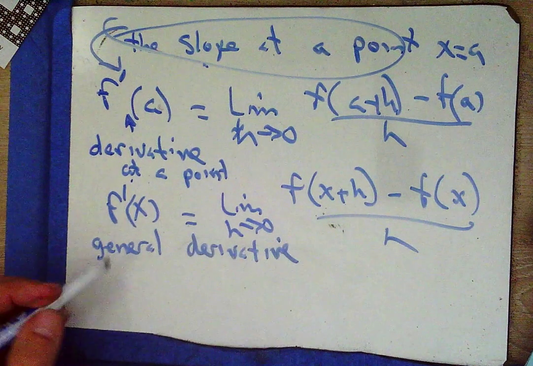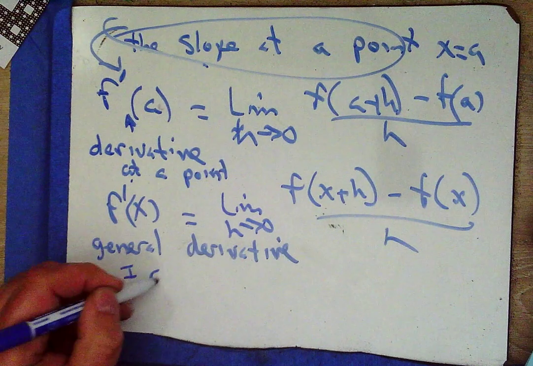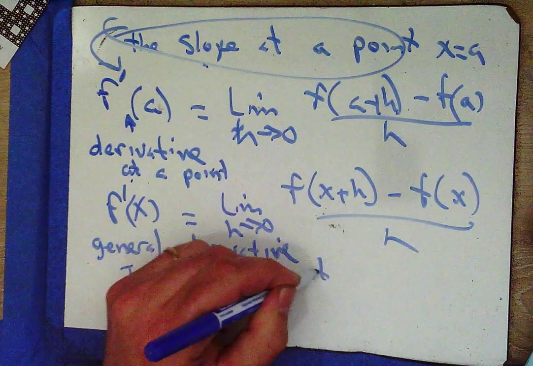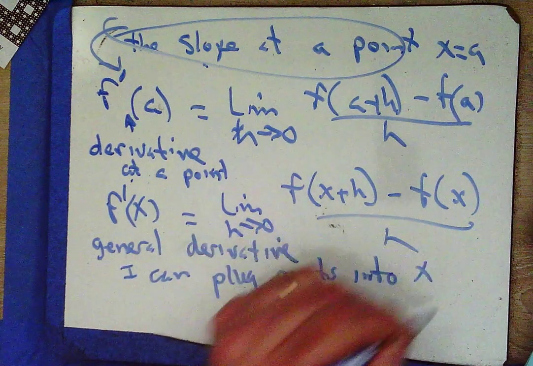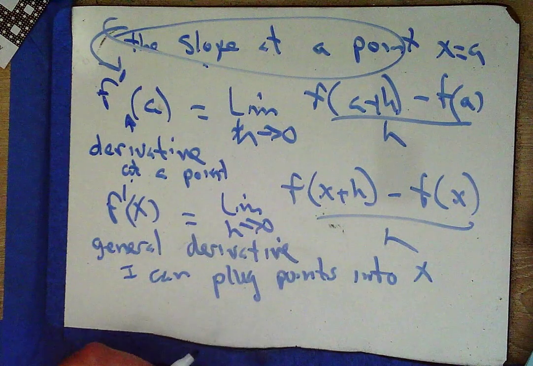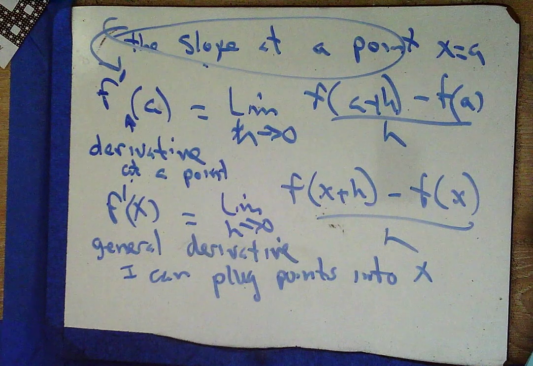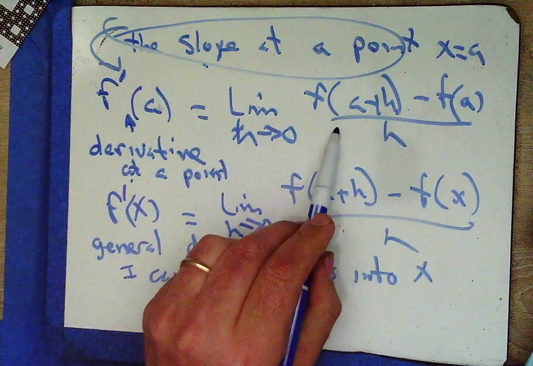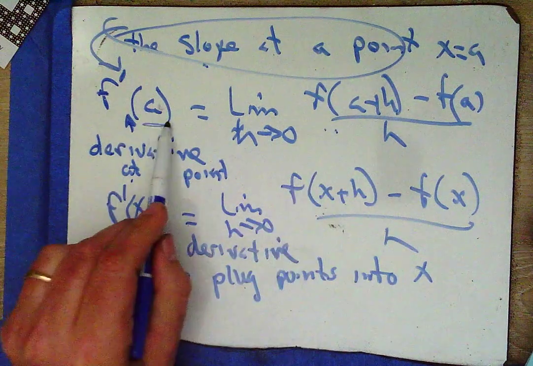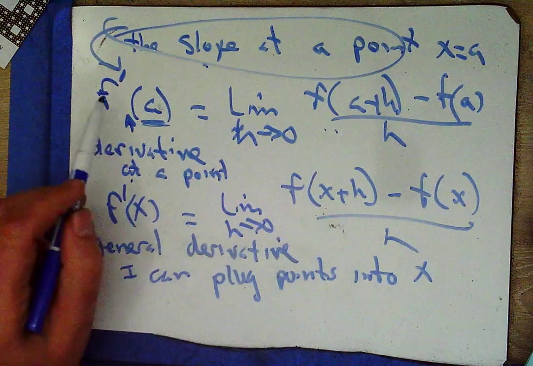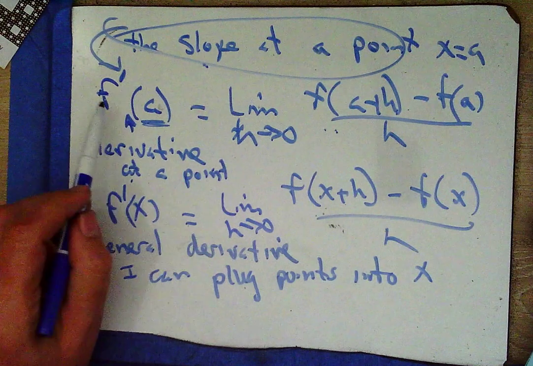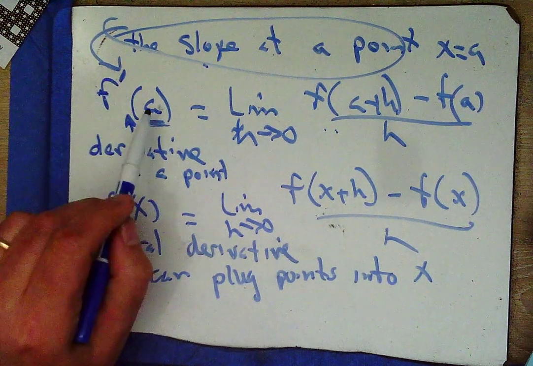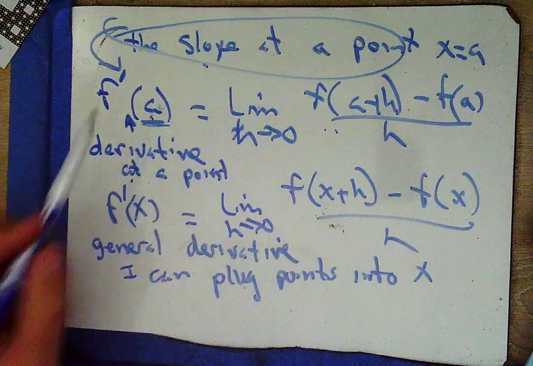And what it allows me to do, I can plug points into x. So what does that help me do? Well, if I want to know the slope at only one point on a function, then I might use this, because this finds the slope at only one point. It's a single-use tool. I can only find the slope at x equals a.